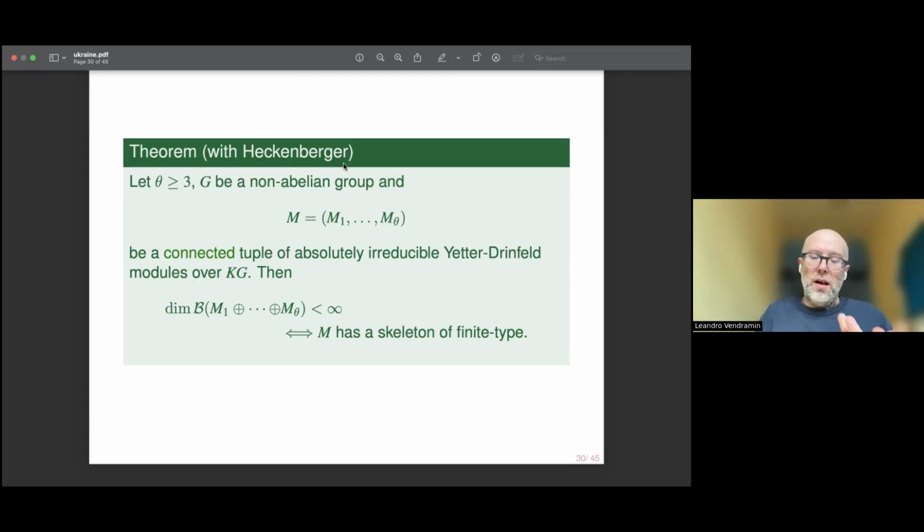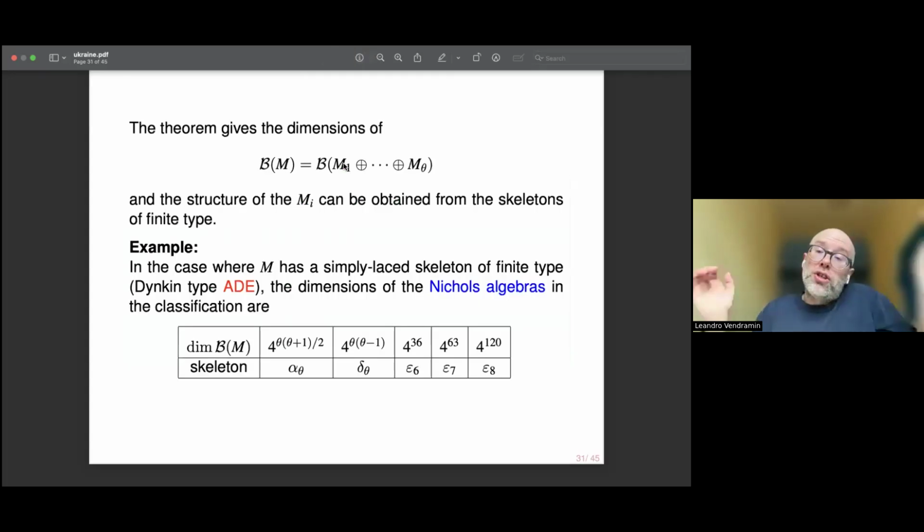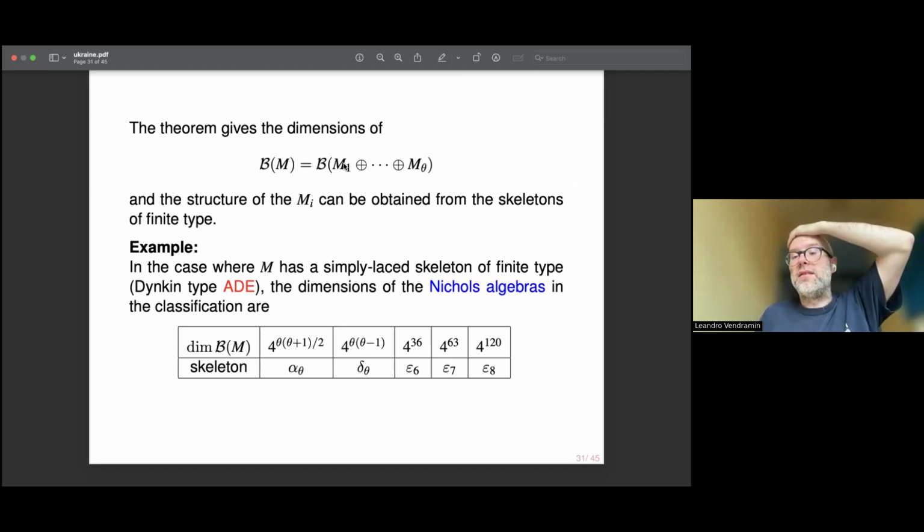Again, this is just the starting point, because with this information you can get whatever you want. You can get, for example, a very precise description of the modules involved, and also, of course, the dimension of the Nichols algebra. For example, this table shows the dimensions that you get in the case of Dynkin type ADE.